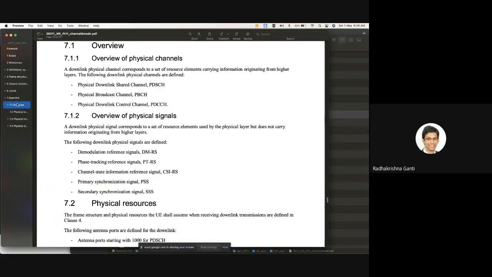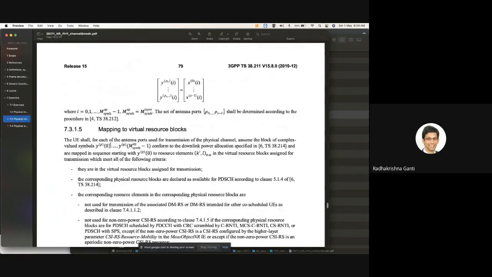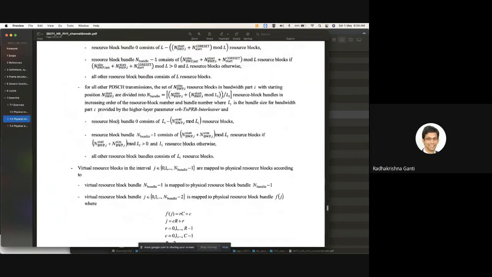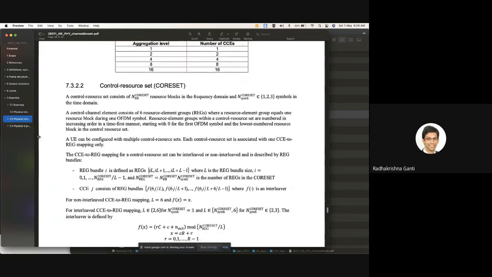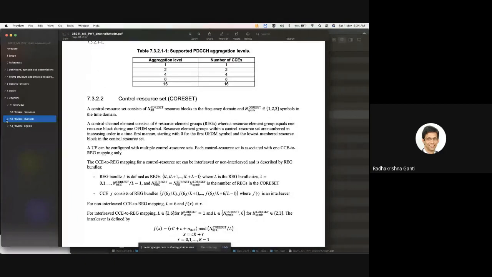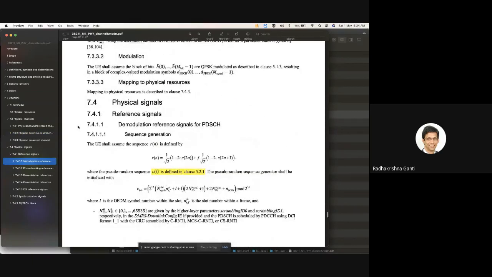It's a downlink thing. So we finished layer mapping, and we finished all those things. Now the first thing is the reference channel. In this, we will do the demodulation reference signal for PDSCH.